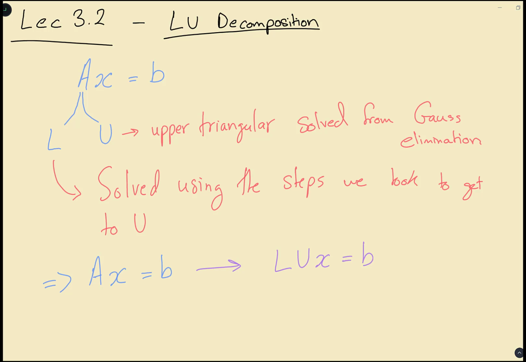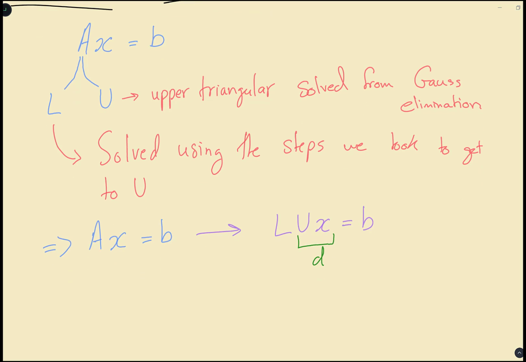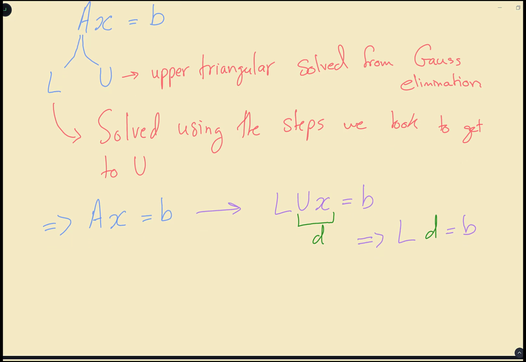And the point here is we're going to solve for a variable called D first. So we're going to call UX as D, and then this causes the expression to be LD equals B. Then we solve for D. Once we know D, we go back and solve for X in the expression D equals UX.